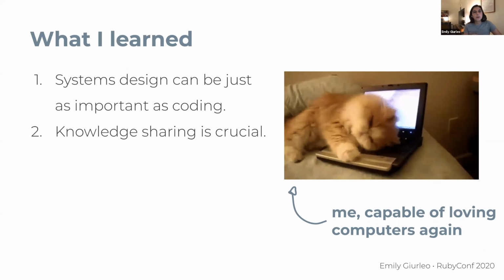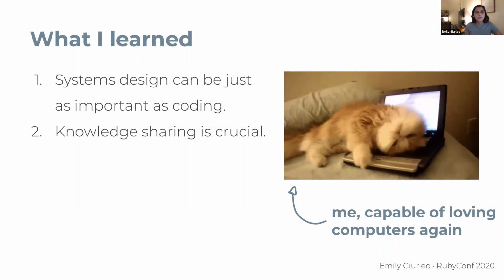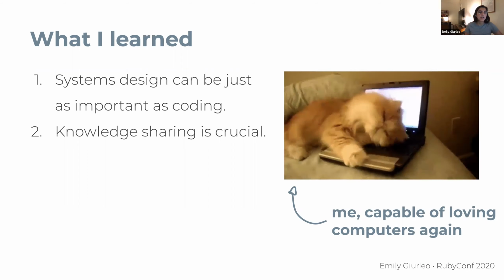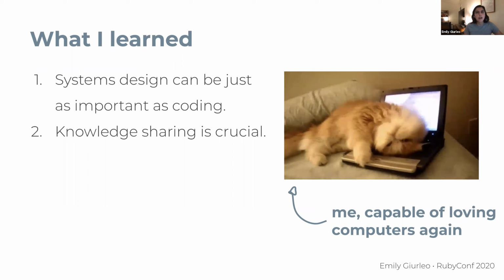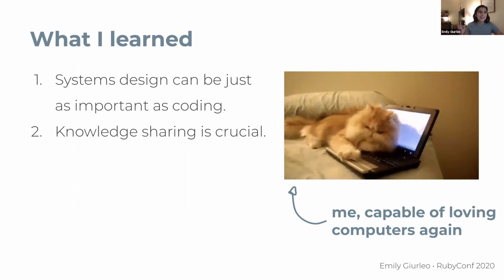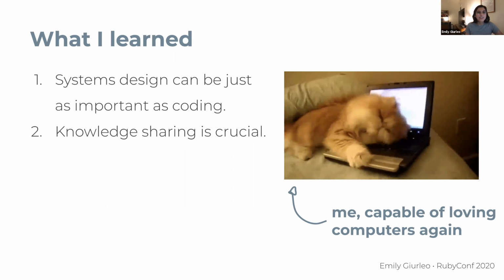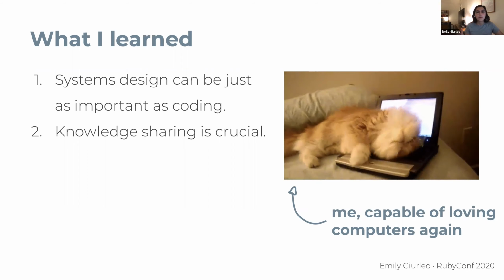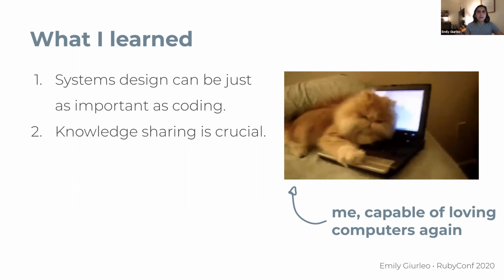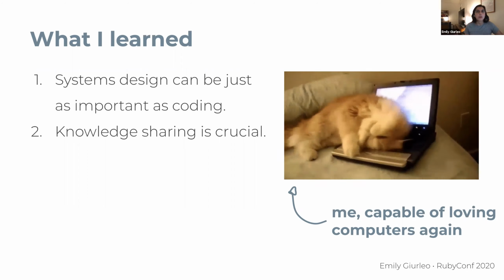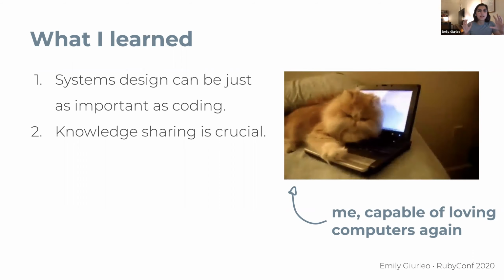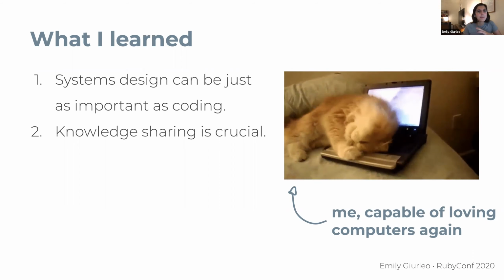So I think there are two main things that I took away from this experience. The first is that understanding system design, and in this case, language design, can be just as important as coding. Often, we do our best work when we get to code really fast and we understand object-oriented design patterns.